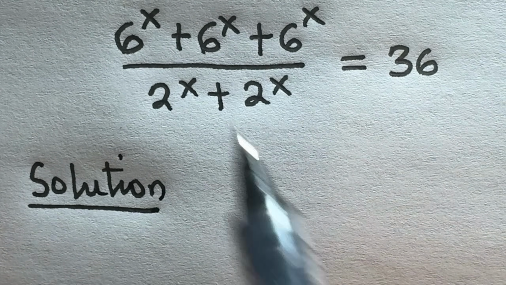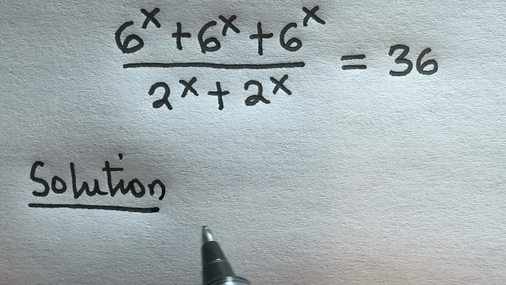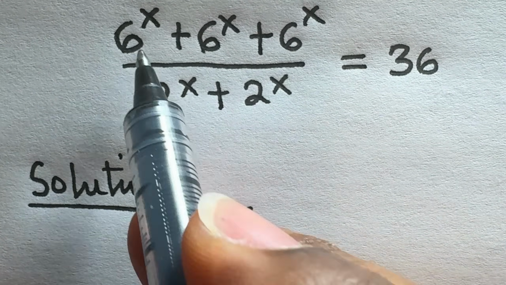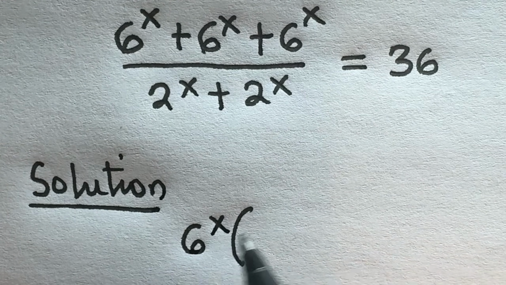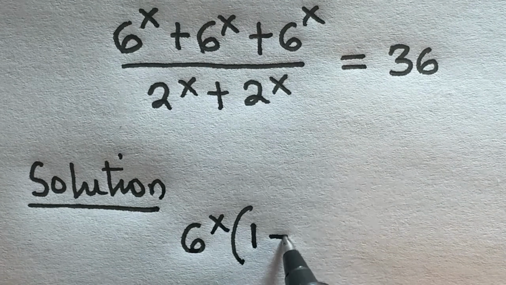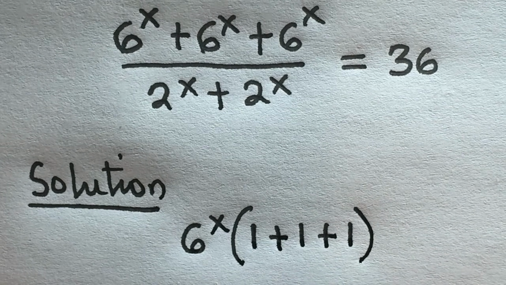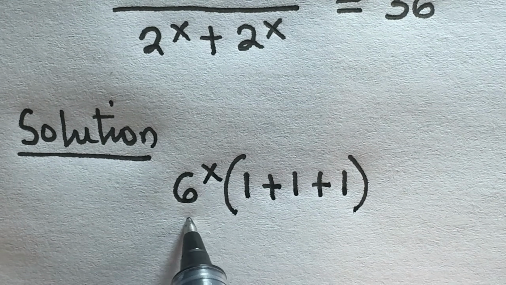To begin, let us factorize 6 raised to power x at the numerator. So 6 raised to power x divided by 6 raised to power x is 1, then plus 1 again, and then plus 1. We'll do the same thing for the denominator.